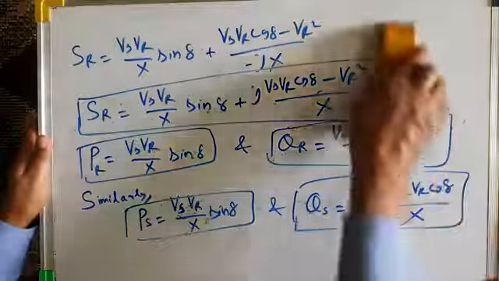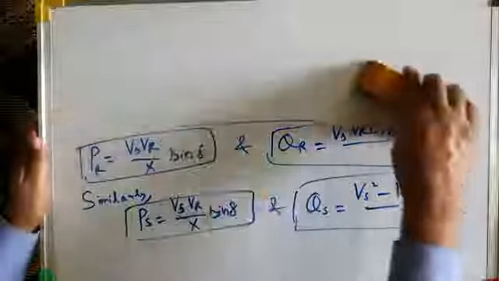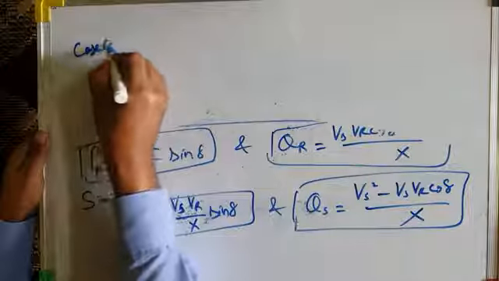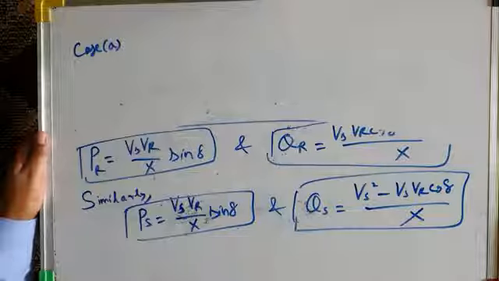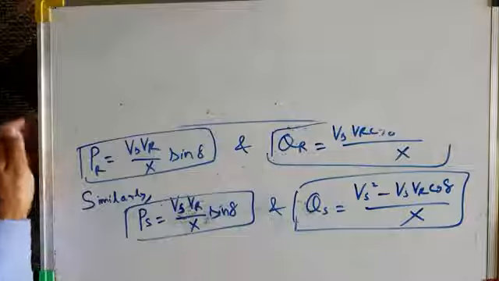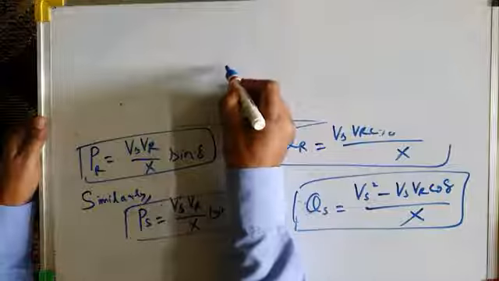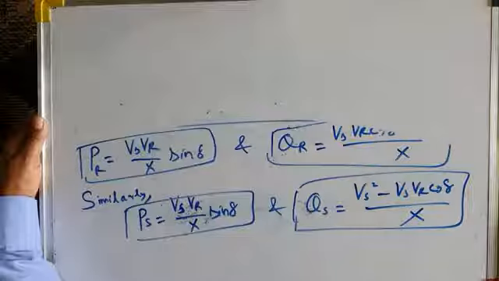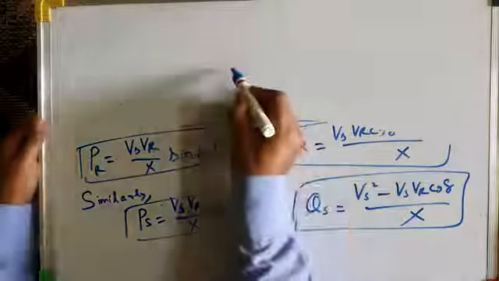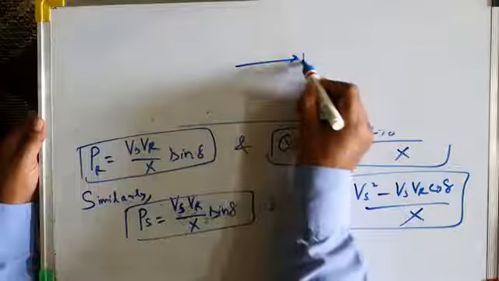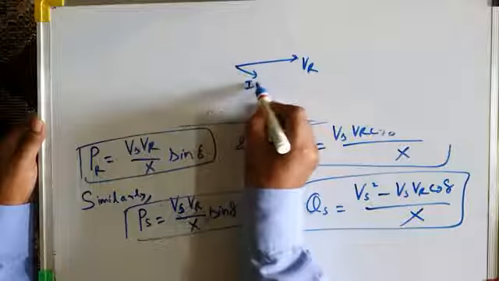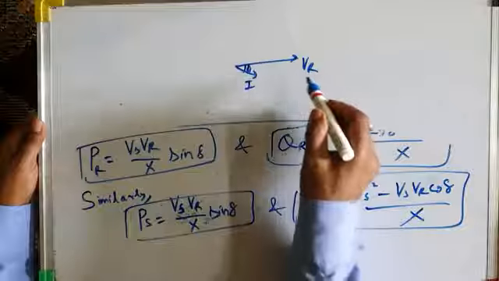Let us now consider different cases. Okay, we'll consider case A. But before we consider case A, let me try to draw the phasor diagram. Phasor diagram of this system will be like this. If you take receiving end voltage as a reference, VR, let us say current is lagging behind the voltage by a certain phase angle phi.